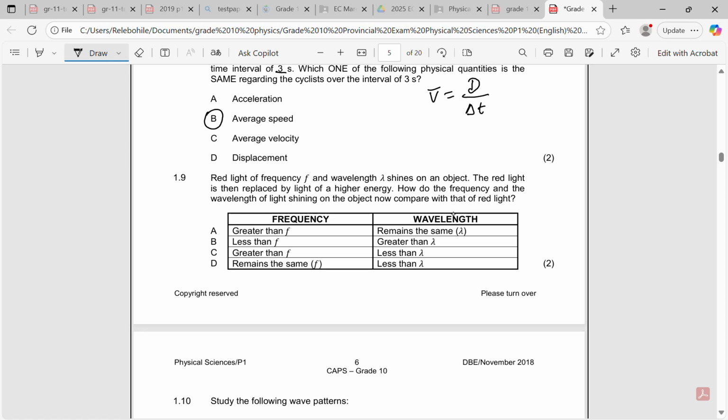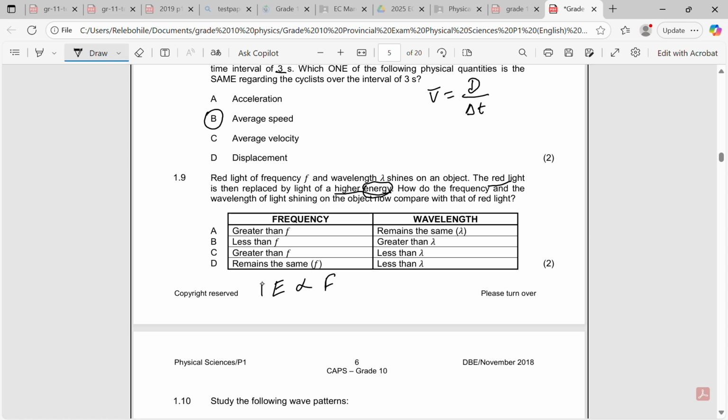So guys, here they are telling us that this red light is replaced with a light that has a higher frequency. What does that mean, guys? It means higher energy. So the light that is replacing the red light has a higher energy. And this is what you know about energy: energy is directly proportional to frequency.